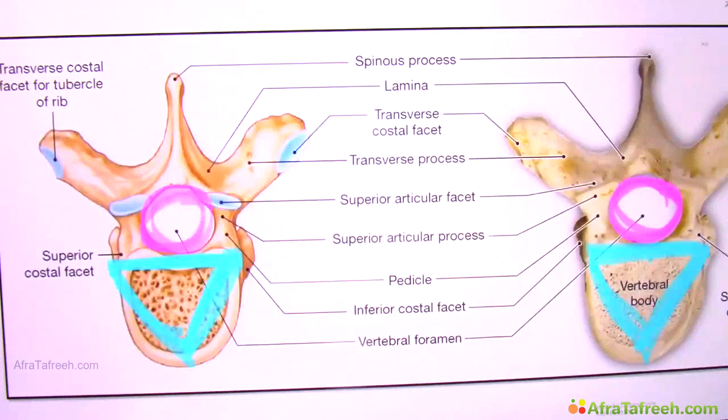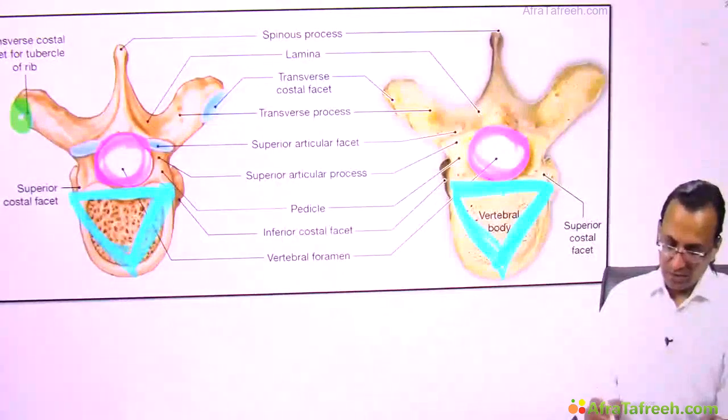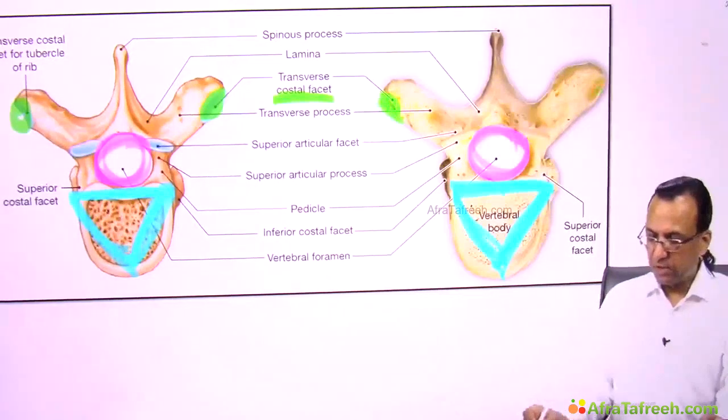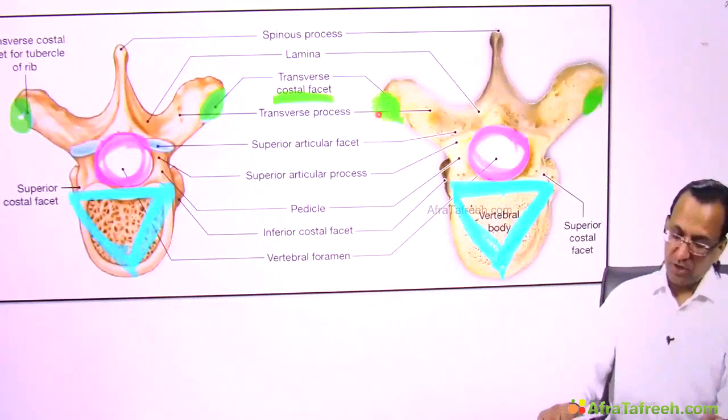So the transverse section of the spinal cord is oval in the thoracic vertebra region. Yes, it is. What is this? If you're talking about this, then it is the costal facet, the rib facet on the transverse process, to articulate with the ribs.